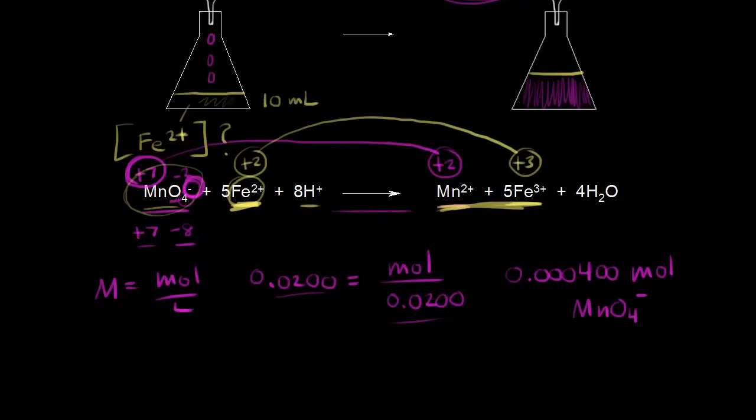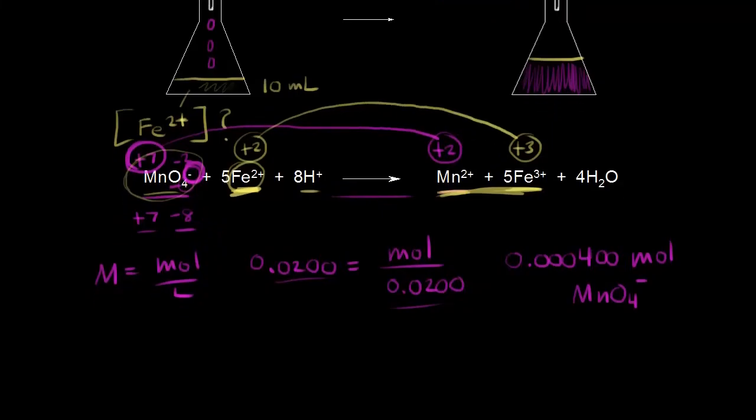All right, next we need to figure out how many moles of iron 2+ we originally started with. To do that, we need to use our balanced redox reaction. We're going to look at the coefficients because the coefficients tell us mole ratios. The coefficient in front of permanganate is a 1, and the coefficient in front of iron 2+ is a 5. So if we're doing a mole ratio of permanganate to iron 2+, permanganate would be a 1 and iron would be a 5. So we set up a proportion here: 1 over 5 is equal to, well, we need to keep permanganate in the numerator here.